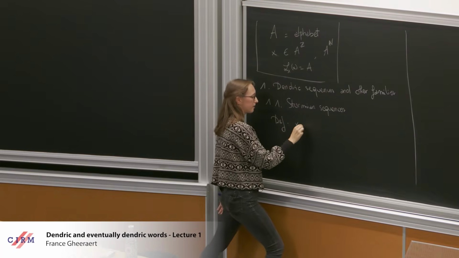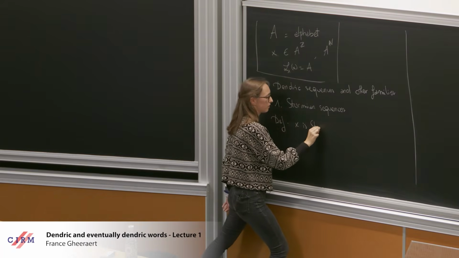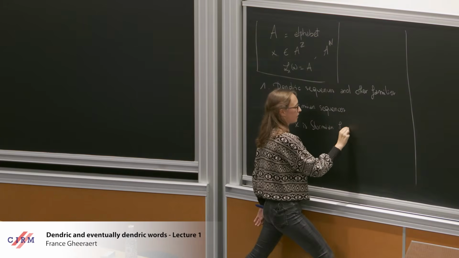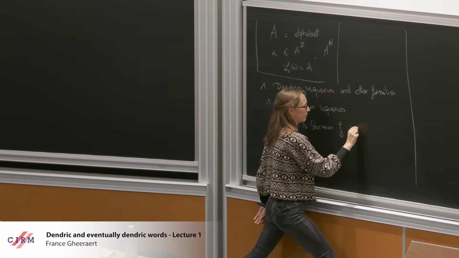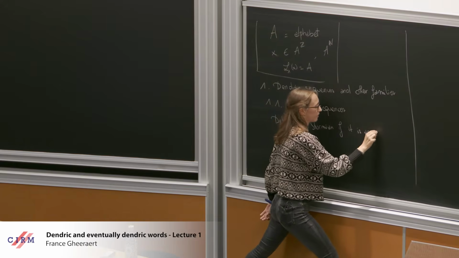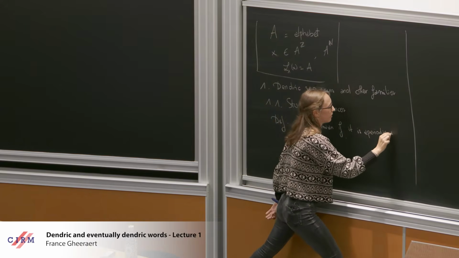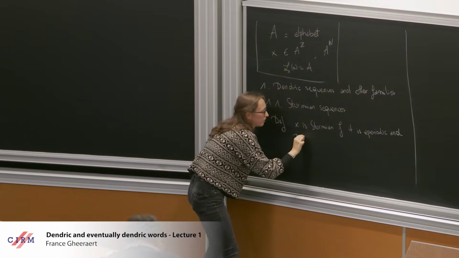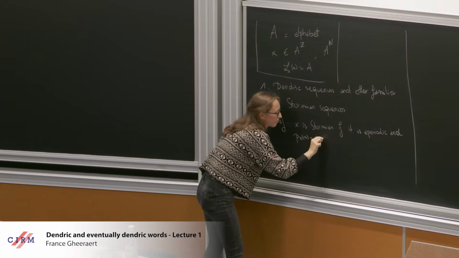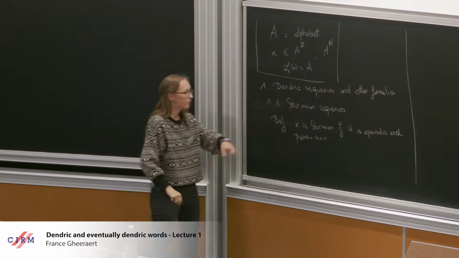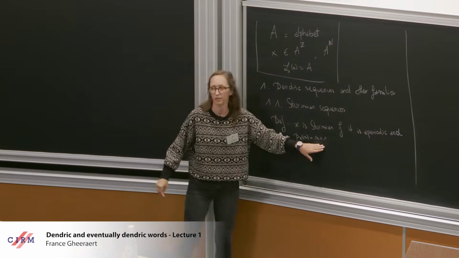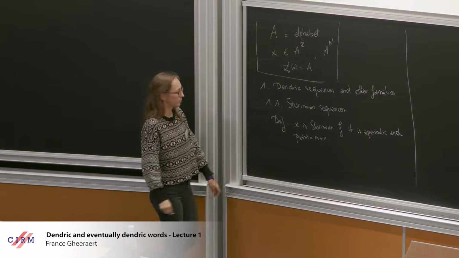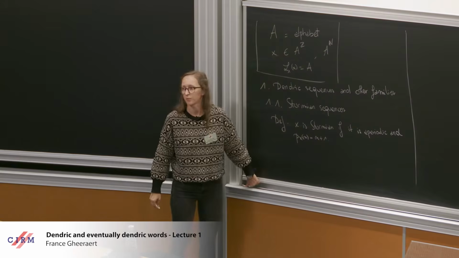Essentially, we say that X is Sturmian if it is aperiodic and its factor complexity is n plus 1. So the number of length n words that appear in my sequence is exactly n plus 1. And by a famous theorem, this is the minimal possible factor complexity if you want to be aperiodic.